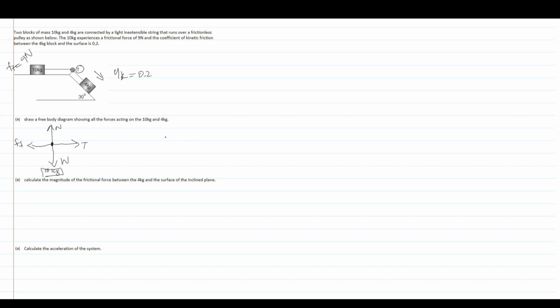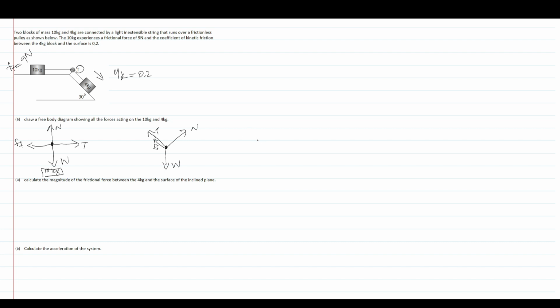And then for the 4 kg block, it's important to note that it's sitting on a slope that makes an angle of 30 degrees. So we're going to have a normal force, which will be perpendicular to the slope. And you're going to have the weight, which is straight down. And we're going to have the tension and the frictional force, like so.